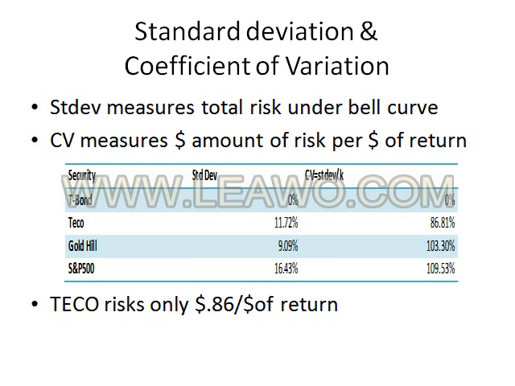When we look at the table shown, we can see that TECO has a CV of 86.81. This means that you only risk about 86 cents per dollar of return if you invest in TECO, which is very good.